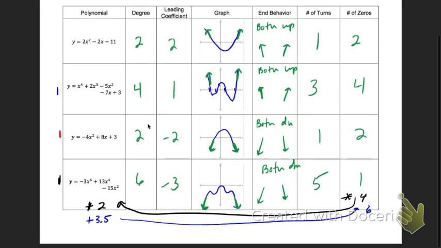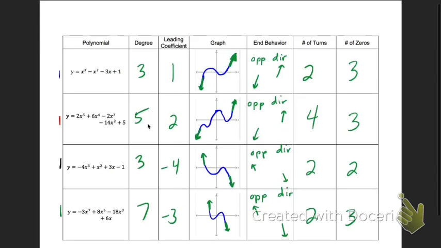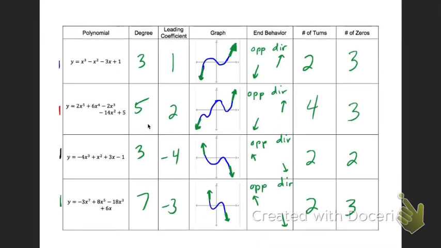So now all of my degrees are what? They're all odd. What do you notice about end behavior connected to the odd ones? They always go opposite directions. Some are going up and to the right.